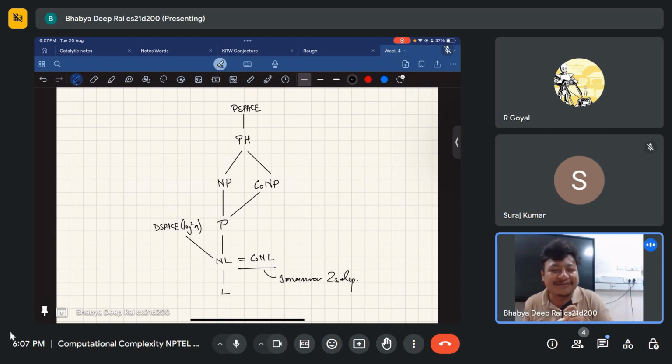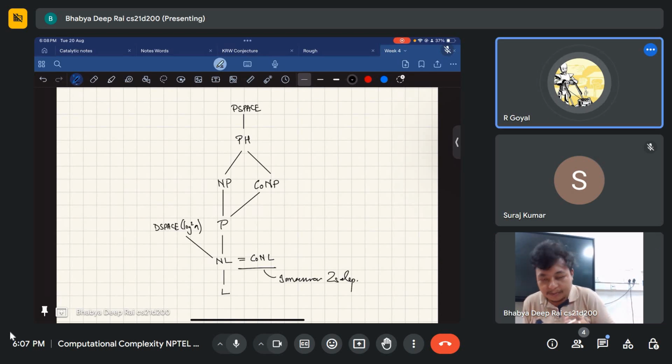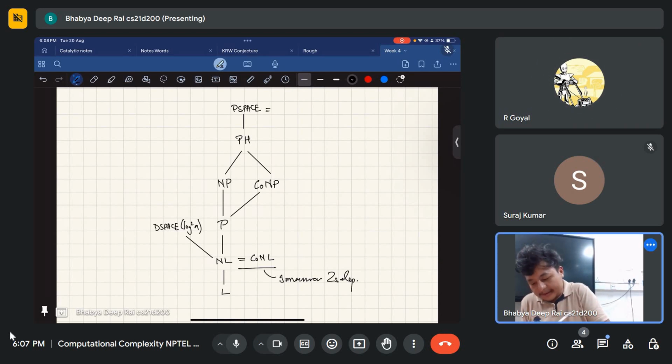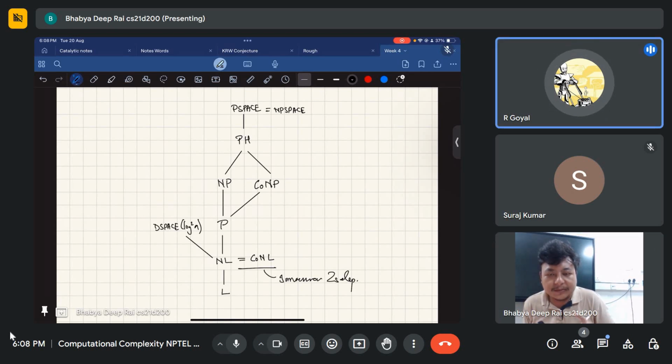But I'm asking about PSPACE and NPSPACE. What can we say using Savitch's theorem? Yes, both are equal. Now, what can we say about co-PSPACE? For the space complexity classes, the original one is the same as its complement.